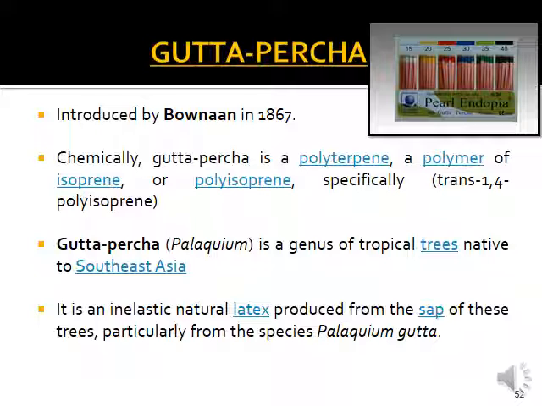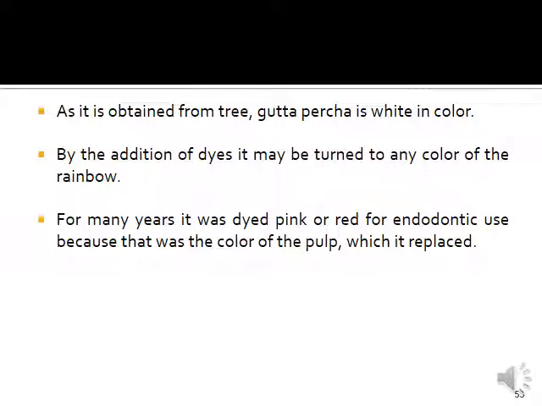It is an inelastic natural latex product from the sap of these trees, particularly from the species Palaquium gutta. It is obtained from the gutta percha tree and is white in color. By the addition of dyes, it may be turned to any color of the rainbow. For many years, it was dyed pink or red for endodontic use because that was the color of the pulp, which is replaced.